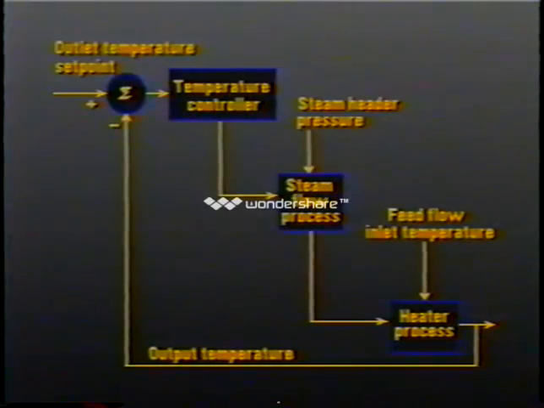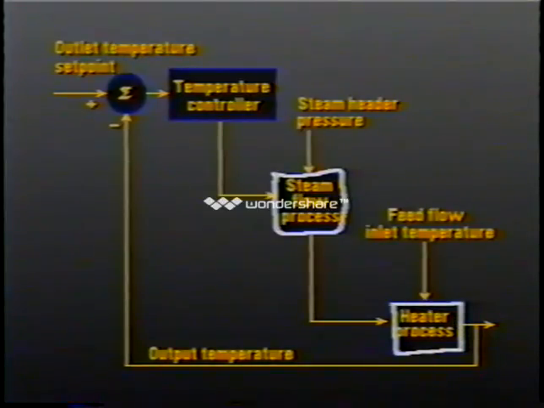We have two processes that operate in series, the steam flow process and the heater process. Each of these has a load disturbance, the steam header pressure for the steam flow process and the feed flow inlet temperature for the heater.